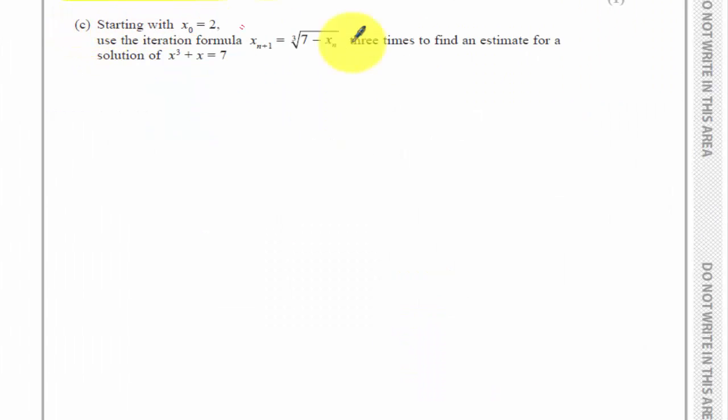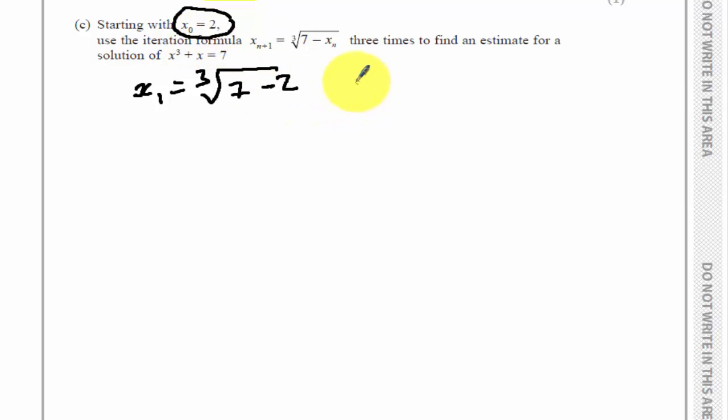On to part C. Part C, starting with x0 equals 2, use the iteration formula 3 times to find an estimate for a solution of x cubed plus x equals 7. So, the first time I'm going to use it, I'm going to have the cubed root of 7 take 2, because we were told to start with the number 2. 7 take 2 is obviously 5.